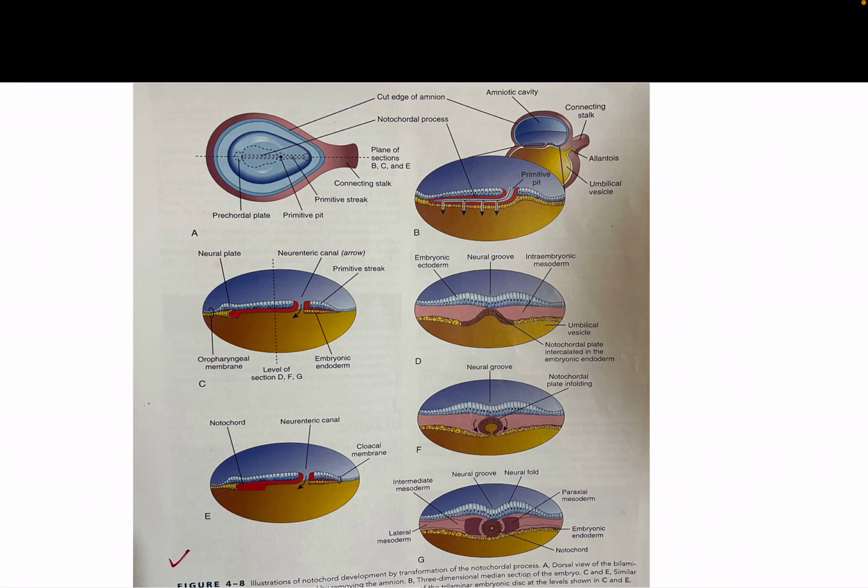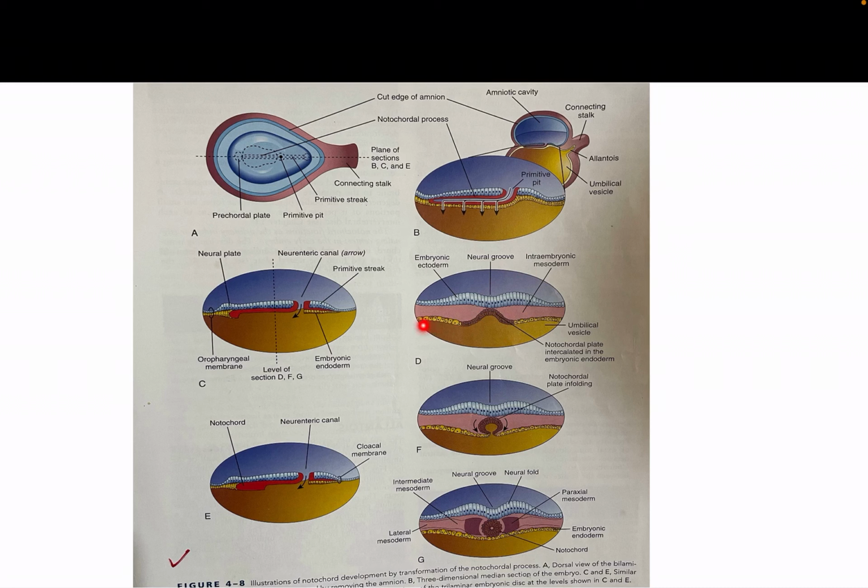Here it is shown again: this is the primitive streak, primitive node, the oropharyngeal membrane and cloacal membrane over here. Here the notochordal cells are incorporated with the center of the endoderm like this.